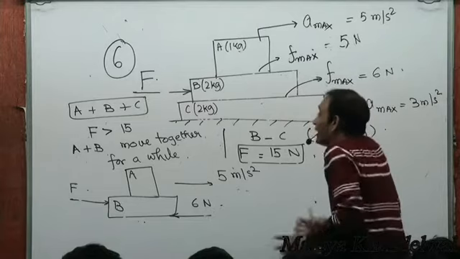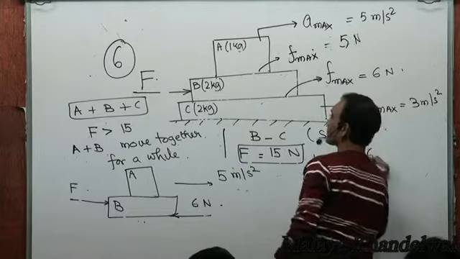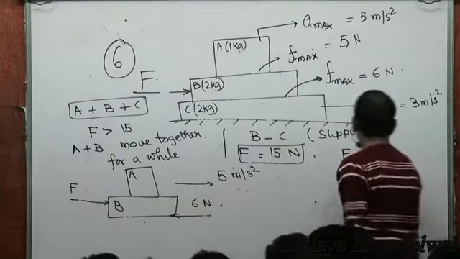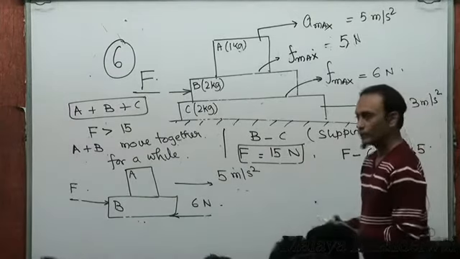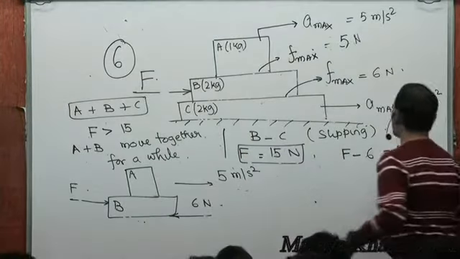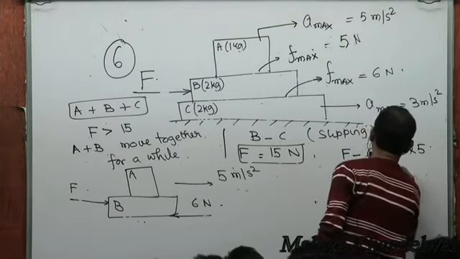Now, let's see what value of F will cause this. F minus 6, mass of A and B is 3, 3 into 5. I hope you realize whatever I have done here. F minus 6, total mass 3 into 5, which is 15 newtons. So this gives me F equal to 21 newtons.